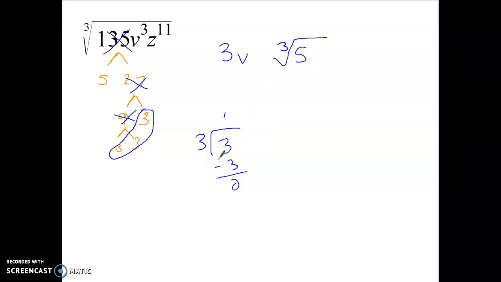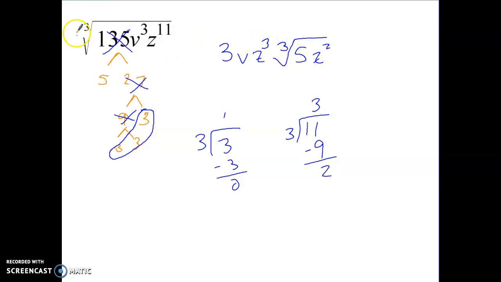Let's do Z. So I'm going to divide 11 by 3. 3 goes into 11 3 times. 2 left over. All right, this one tells me how many go in the numerator. How many go on the outside. This one down here at the bottom tells me how many go on the inside.